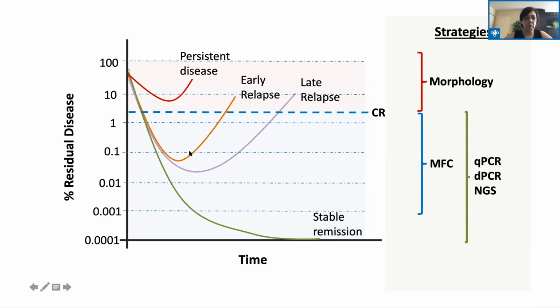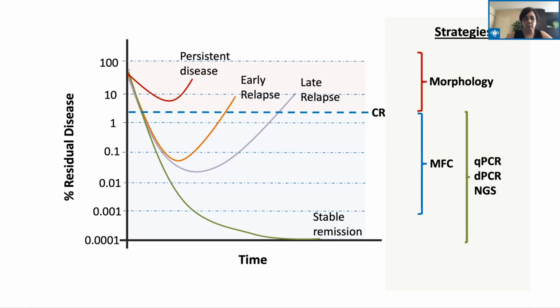However, if you're able to go to 1 in a million, which is usually what we talk about for minimal residual disease, these patients, if they don't have disease within that depth of assessment, usually remain disease stable.